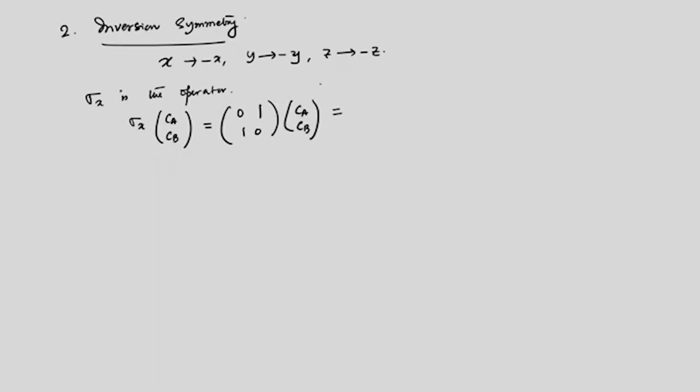So this becomes C_B C_A. Okay, all right. So what it tells you is that A and B sublattices are interchanged under this inversion operation, and that is what we want from the inversion operator.